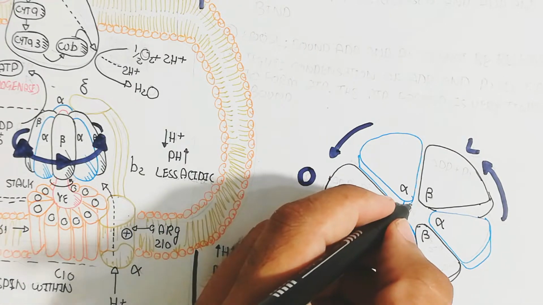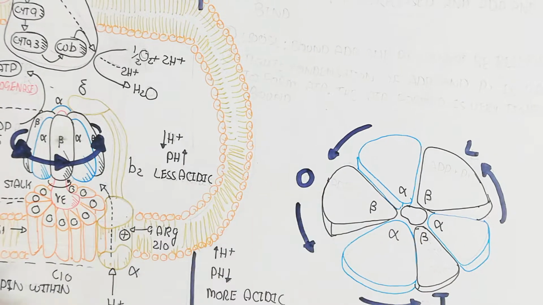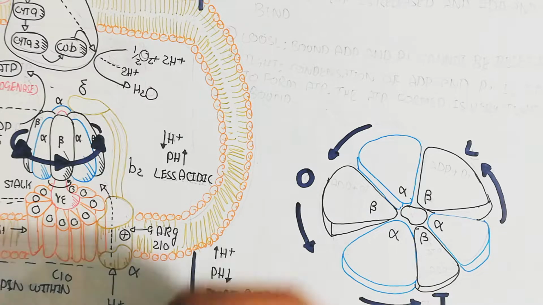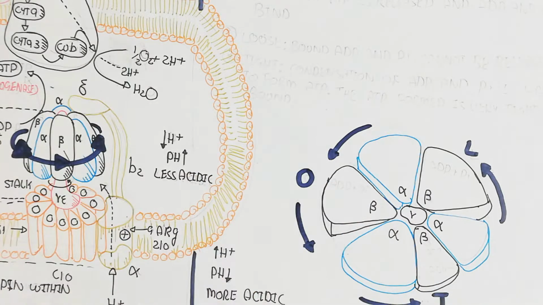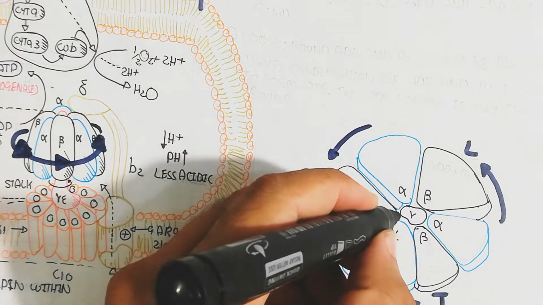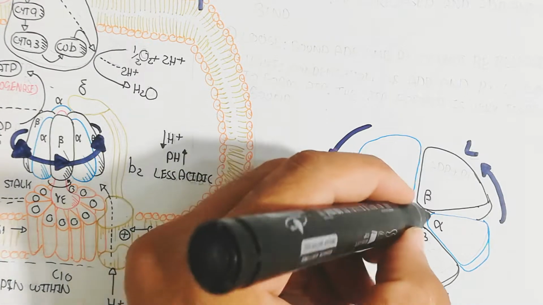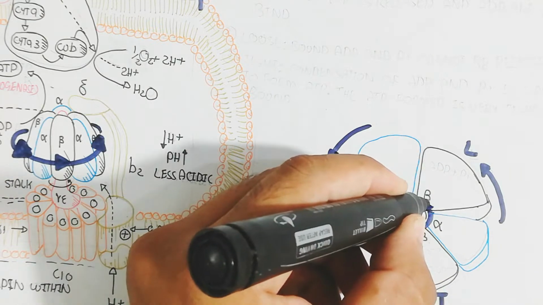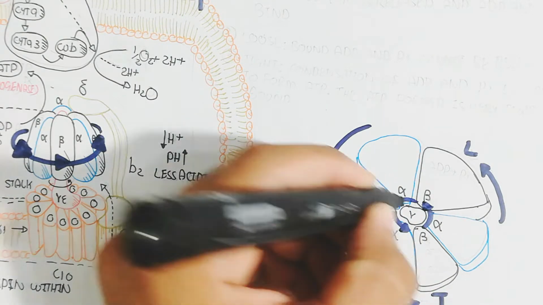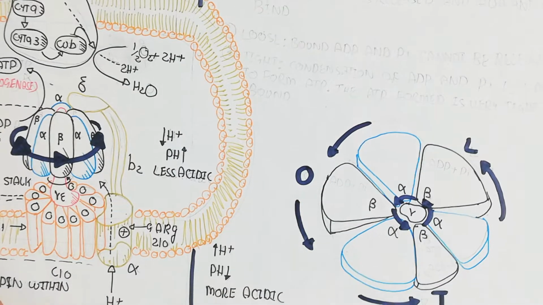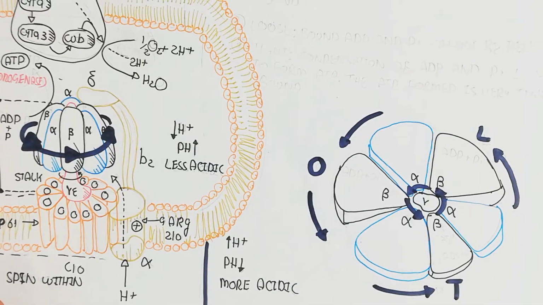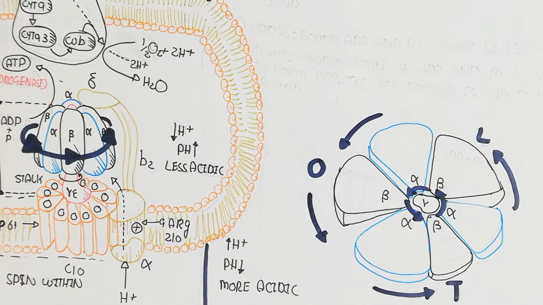Here you can see the cross section of the F1 particle, which I am describing. The delta is also involved in the F1 particle, and the B2, which is shown in the diagram. I am not describing that, but we are just understanding the binding change mechanism and ATP synthesis.